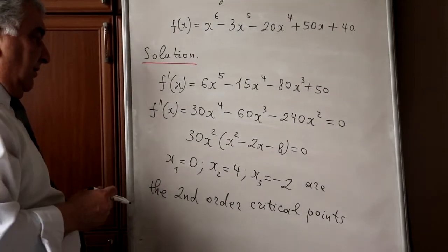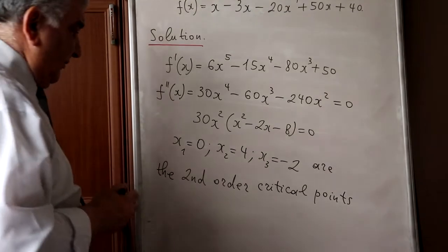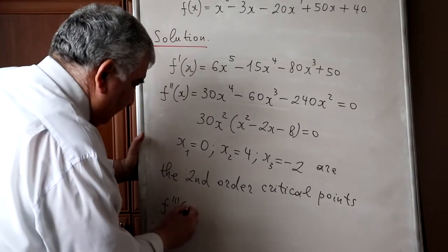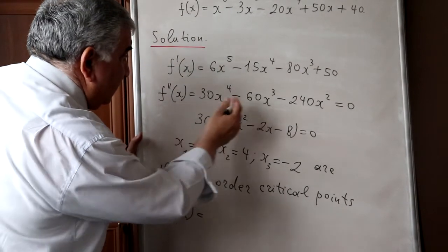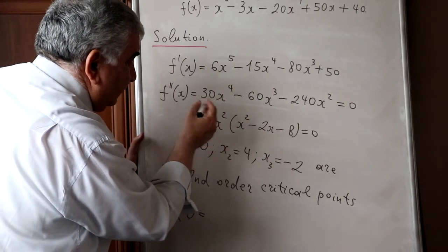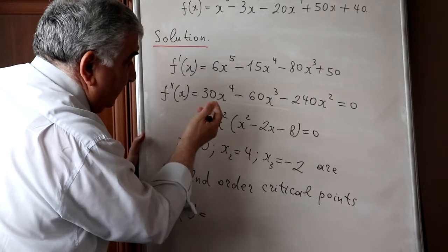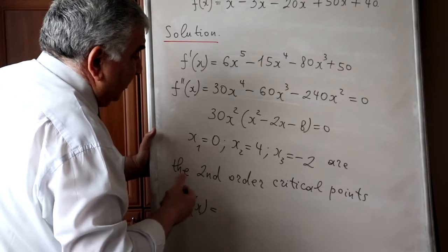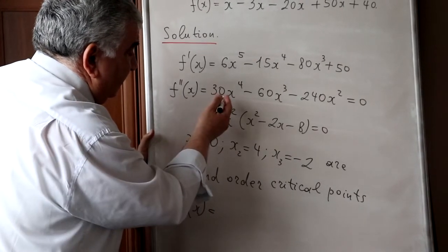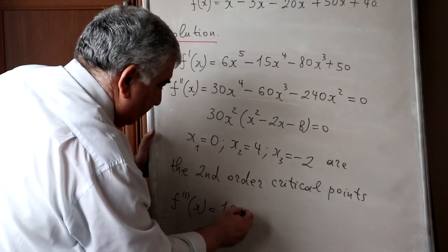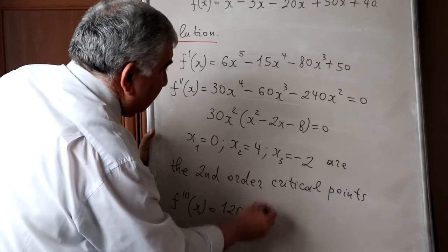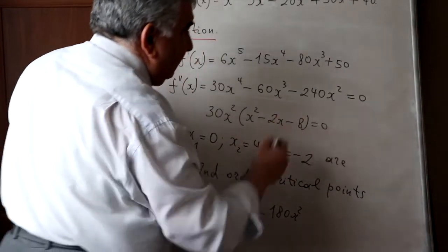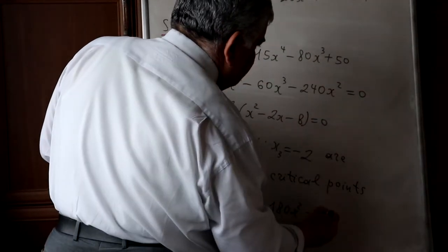Then find the third derivative. The third derivative is the derivative of the second derivative. Use this expression without factorizing, the non-factorizing expression. It is 120x cubed minus 180x squared minus 480x.